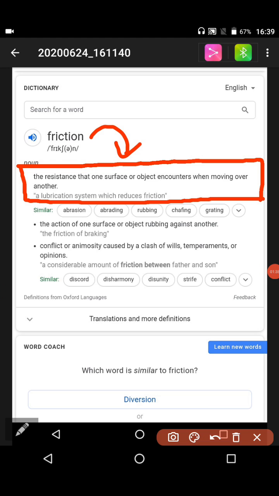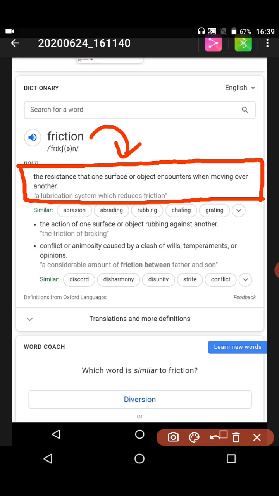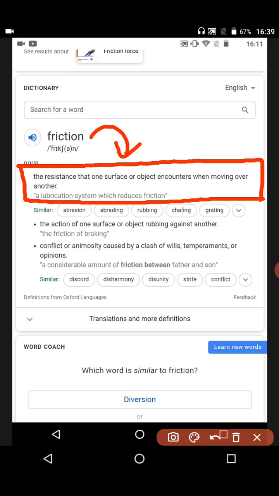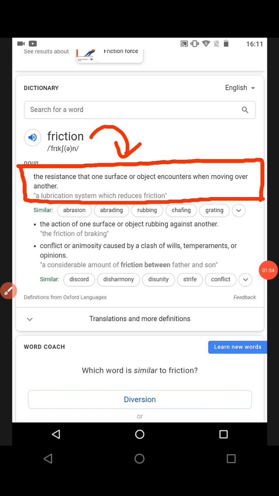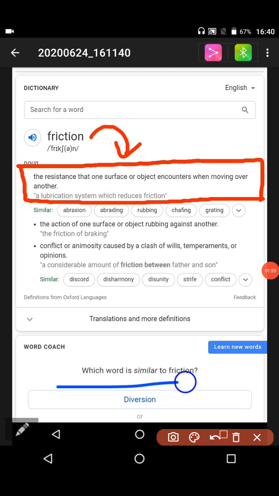The resistance that one surface or object encounters when moving on another. Encounters is nothing but opposite. Resistance. Say I have one surface or object.